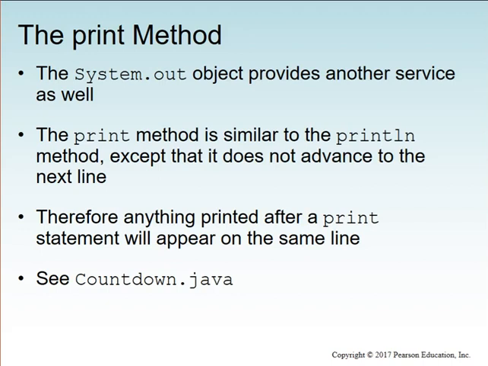So anything printed after a print statement will appear on the same line, as opposed to anything printed after a println statement, which will appear on a new line. Countdown.java, available in the module 2 area on Flow, has examples of using both print and println. I suggest that you have a look at those and see how they work.